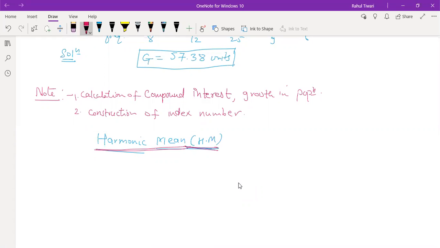So when you drive a car, for a distance of let's say 50 kilometers, your speed will be this much. If you are driving 100 kilometers, then your speed will be again something, for 150 again something.